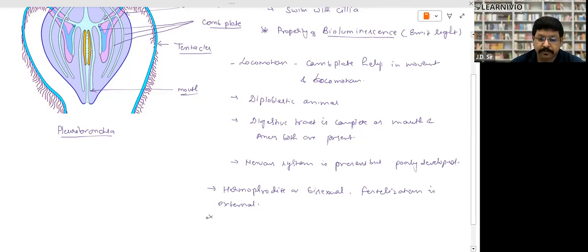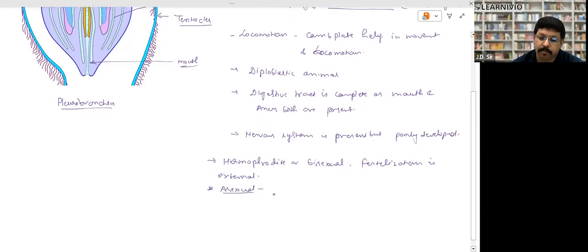One more important thing, asexual reproduction is not found. Now you will see gradually asexual reproduction will disappear and sexual reproduction will become more complex. Asexual reproduction is not present. Tell me if you have any doubt in this phylum.